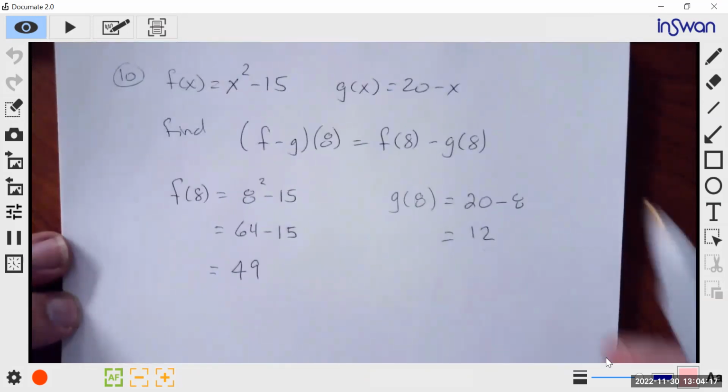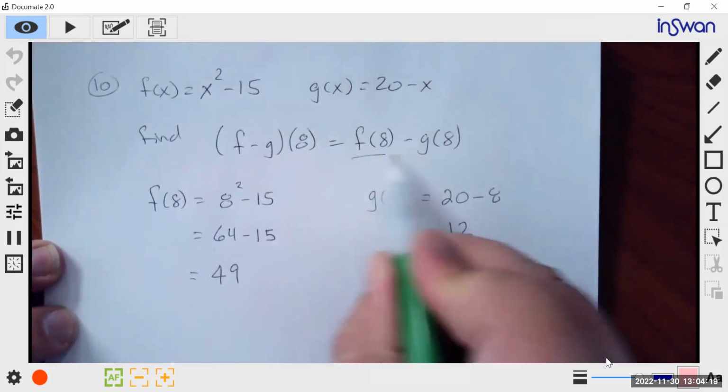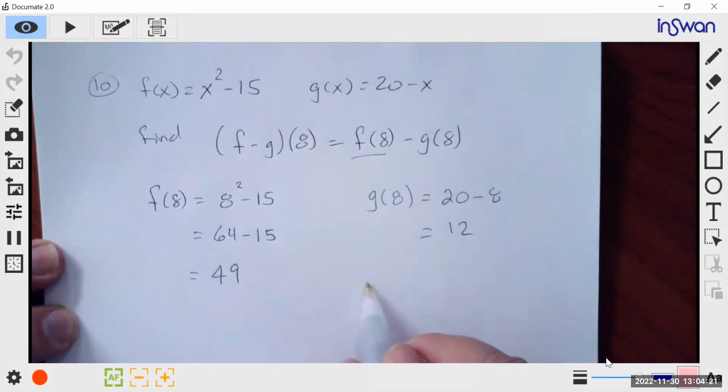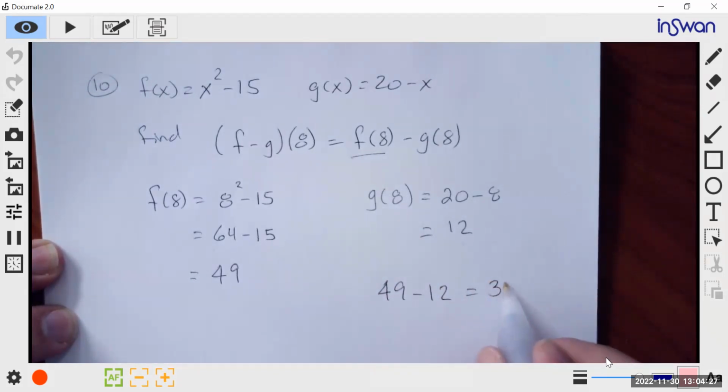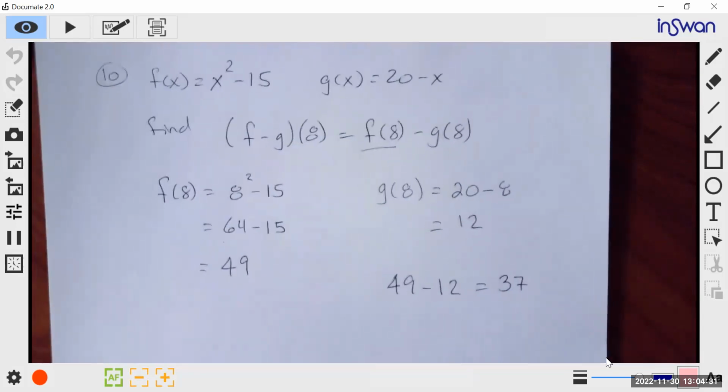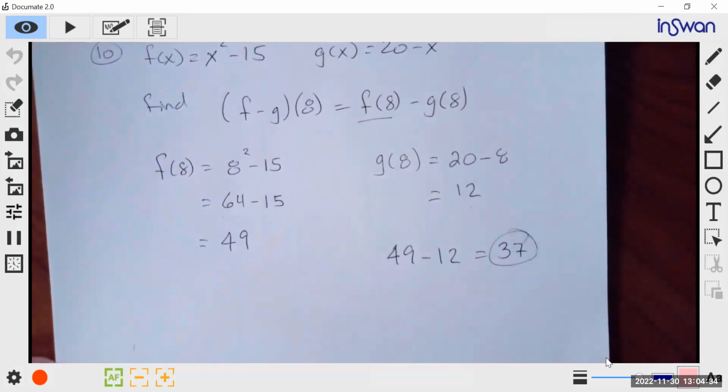It was up there all along. So we just have to find f of 8 minus g of 8. It's 49 minus 12 equals 37. Very good. And that's your answer. It's better safe than sorry.